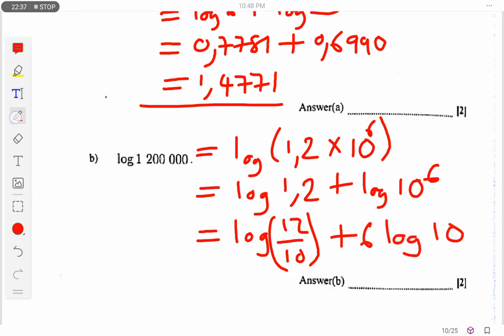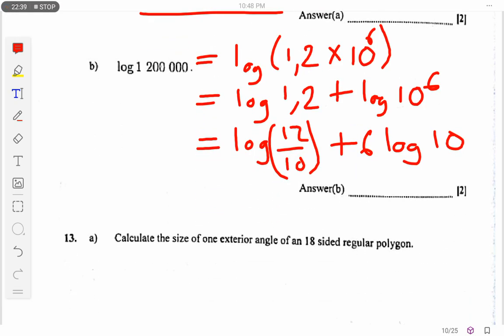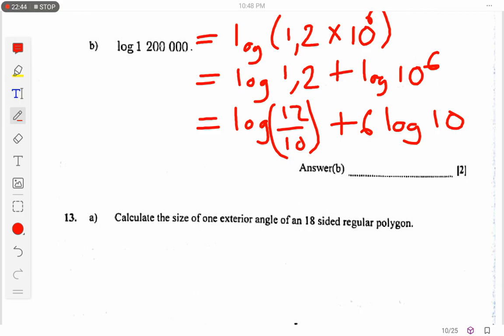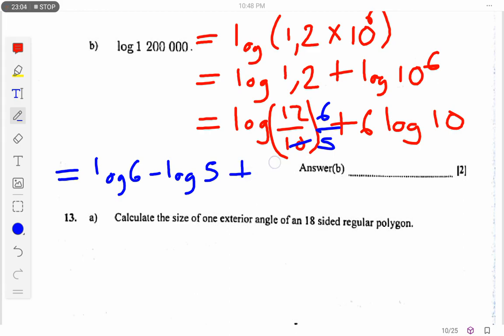Log 10 is easy, it's 1. Let's simplify. 12 over 10 reduces to 6 over 5. When we are dividing in logs, we subtract, so this will be log 6 minus log 5, plus our 6 log 10.